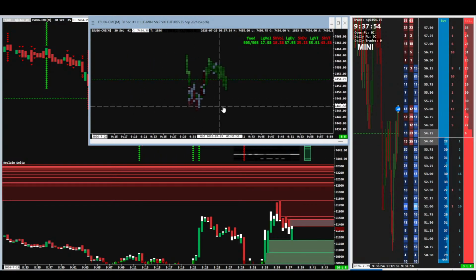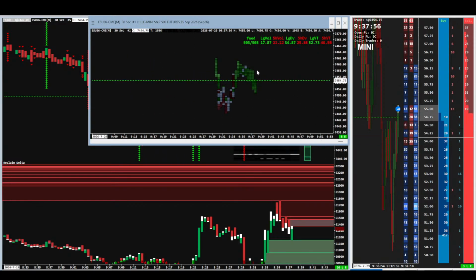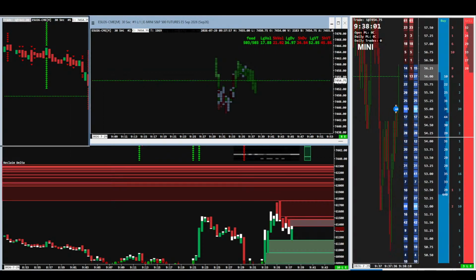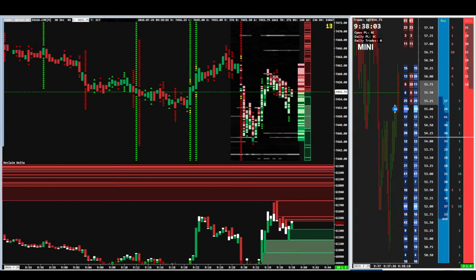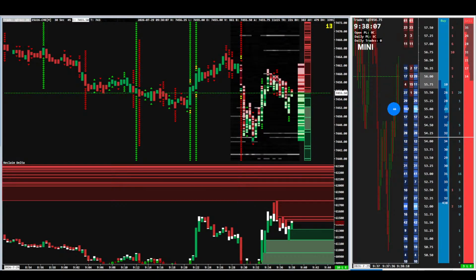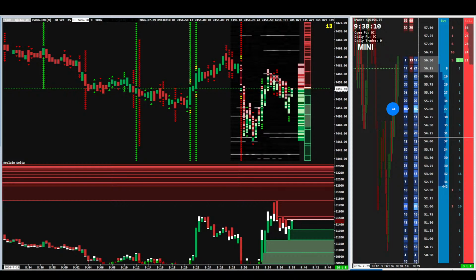A lot of fresh selling came in over here, so they did hold it there. There was a lot of sell pressure that came in the 50s, 47s.